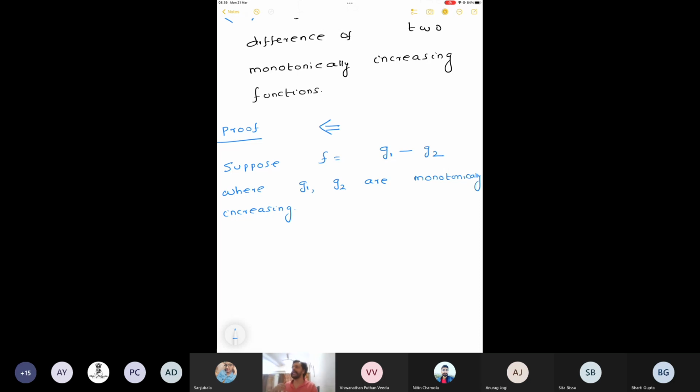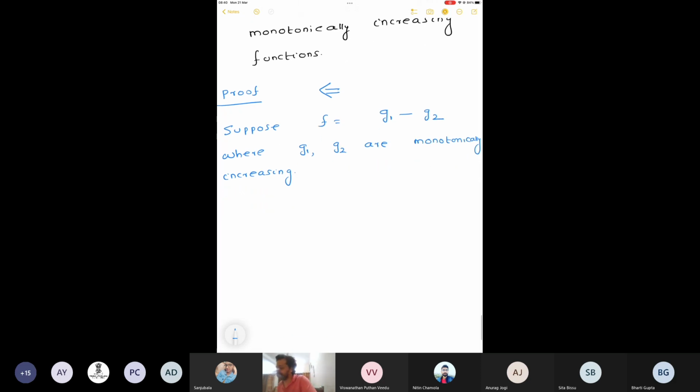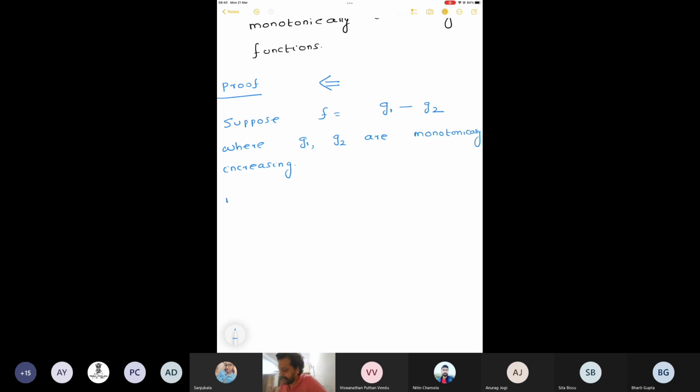Their sum, their scalar multiple, etc. are of bounded variation. Therefore g1 minus g2 is of bounded variation. In particular, g1, g2 are of BV, and hence f equals g1 minus g2 is of bounded variation. So this finishes one part.